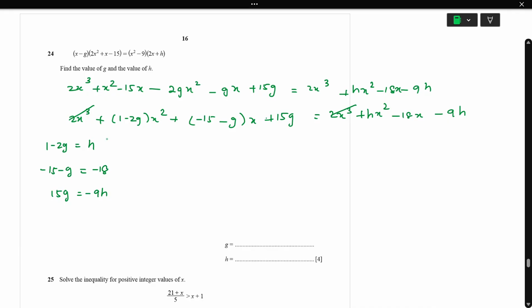From the second term, minus g equal to minus 18 plus 15. So minus g equal to minus 3, so g equal to 3. So I got the g value from the second equation. Just put the g value in one of the equations and we'll get h. So I'll substitute in the first equation, 1 minus 2 into 3 equal to h. So 1 minus 6 equal to h. So minus 5 equal to h. So the answer is h equal to negative 5.